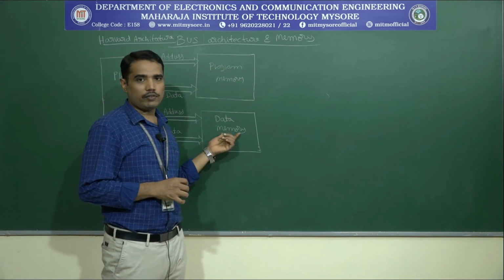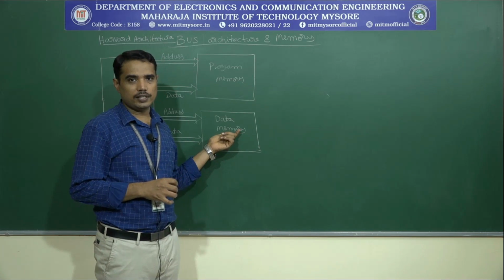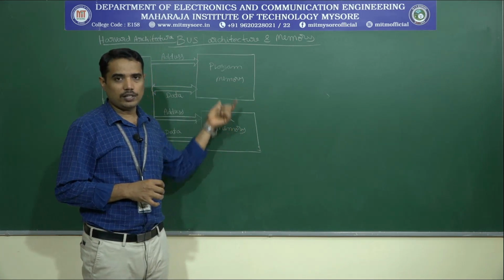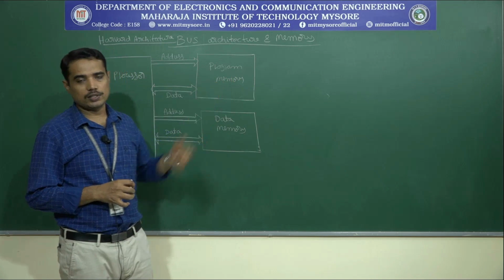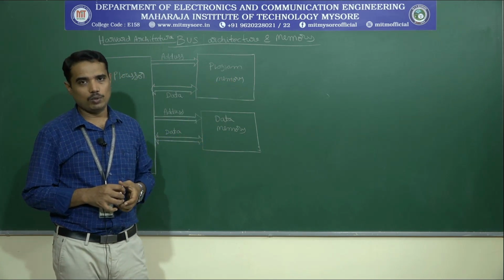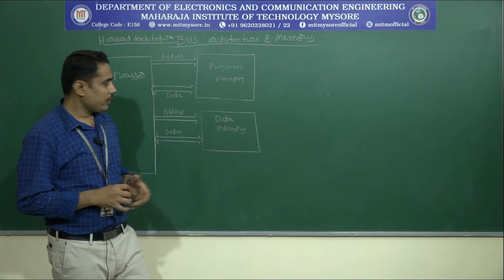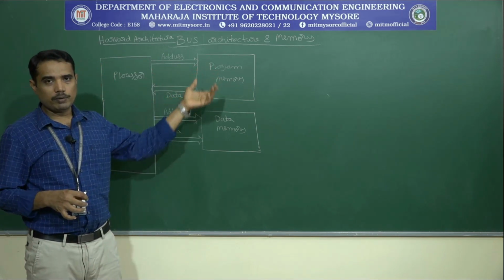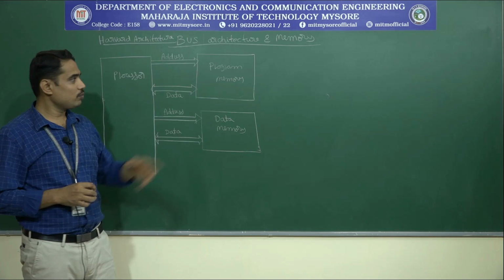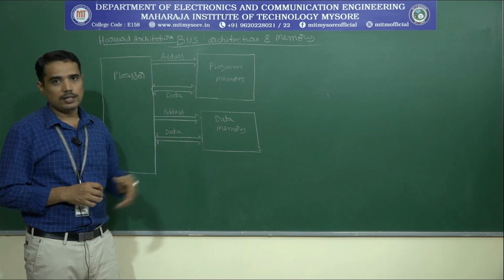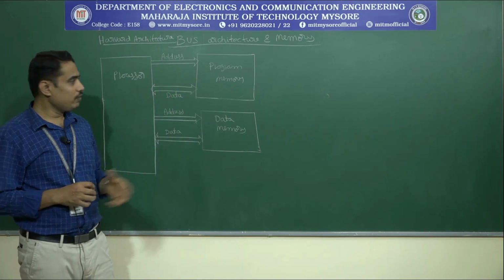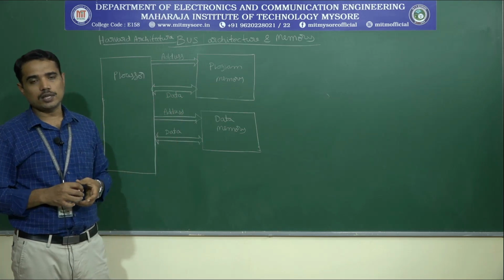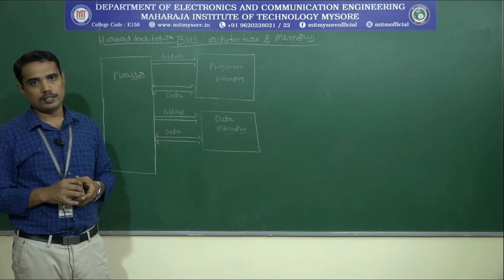Then there is no question of waiting for the data only after fetching the program, as we have seen in the case of the von Neumann architecture. But even if you have provided two separate blocks of memory, that is program and data memory separately, even this will not solve the problem completely. Why?